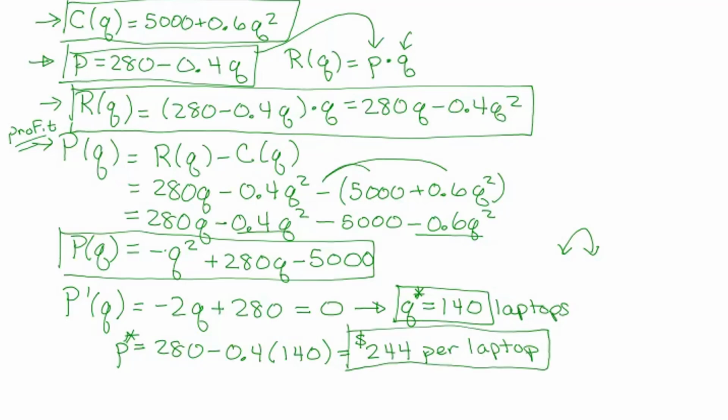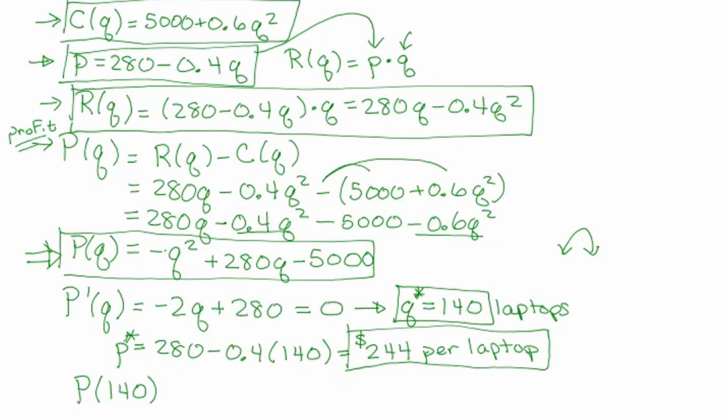To find the actual maximum profit that you can receive, we already know our profit function is over here. So let's plug in our profit maximizing quantity. So our profit maximizing quantity was 140 laptops.